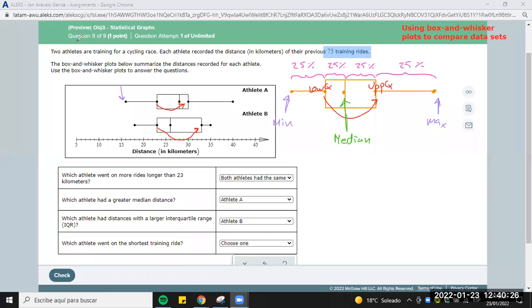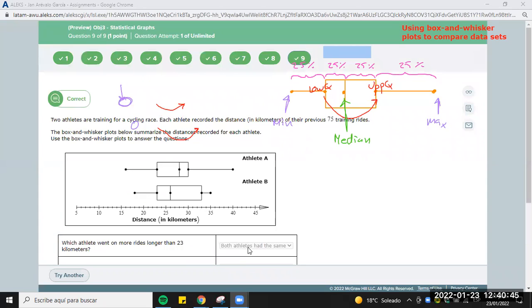So for athlete A, the shortest ride is lower than for athlete B. So this is going to be athlete A, shortest training ride. Let me check it. It is correct. Thank you.